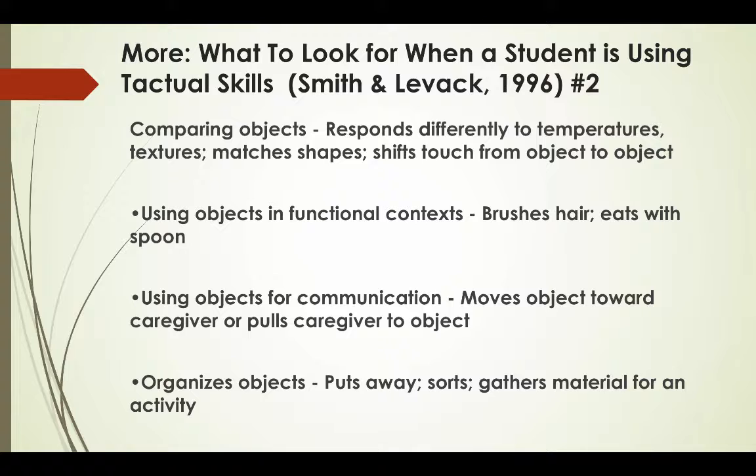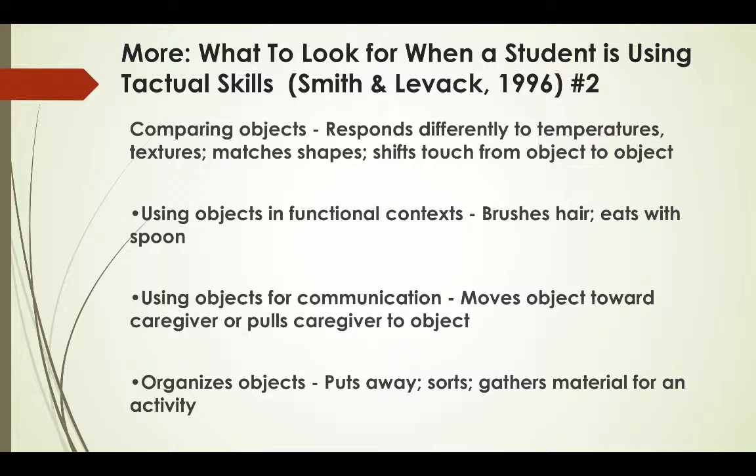Page 2, some other indicators that the student is using tactile skills: the student may tactually compare objects. They may respond differently to different temperatures and textures. They may match shapes, or shift their touch from object to object.